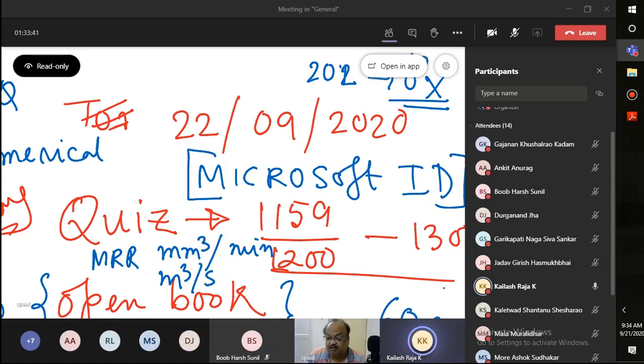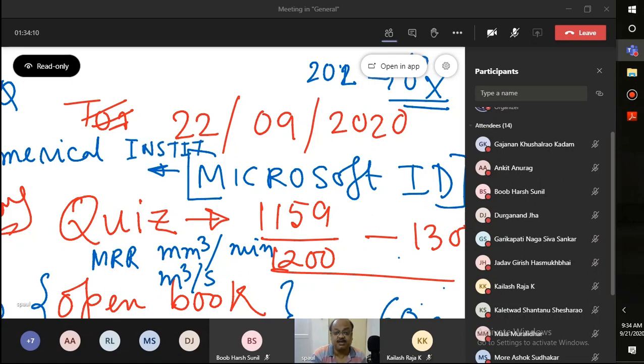Sir, what do you mean by the Microsoft ID, sir? Like the ID which we are using to log into Teams, or your institute ID? Your institute ID, not your Gmail ID or anything. Do not come to me that I cannot log in because of a Gmail issue. Please do not come to me for that. Microsoft ID means your institute ID.